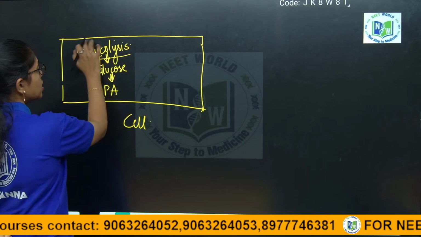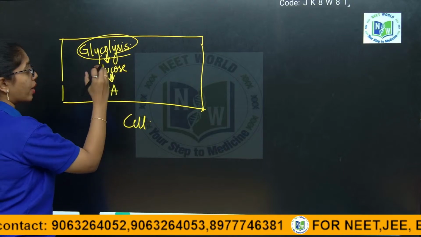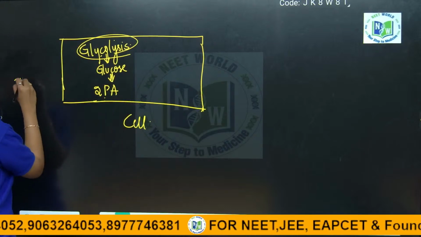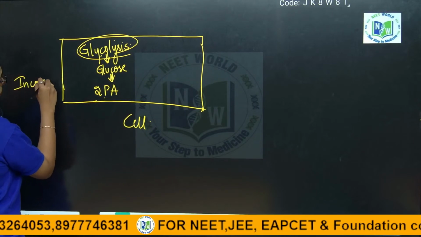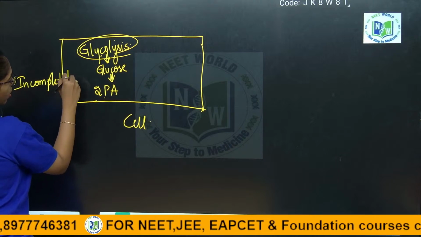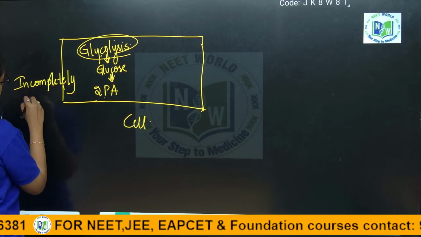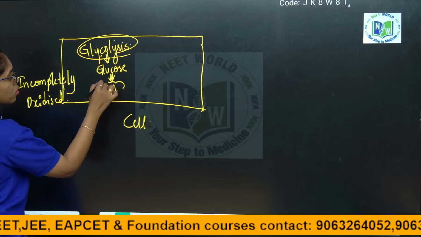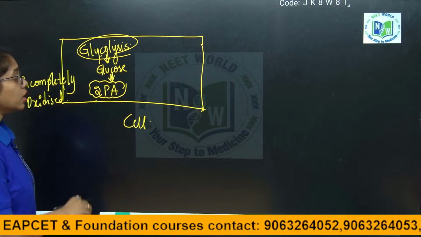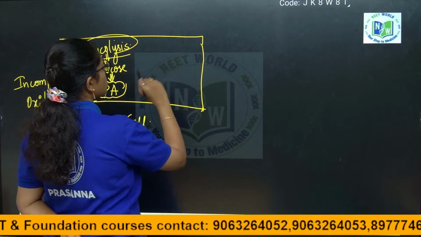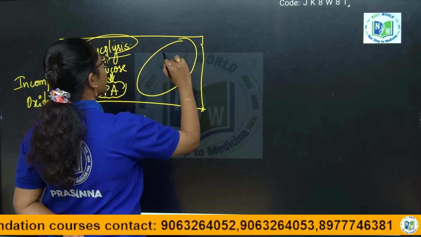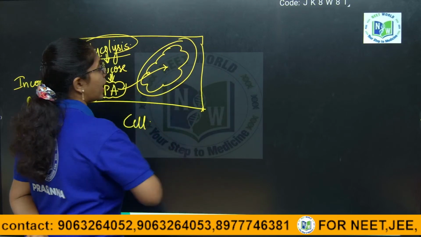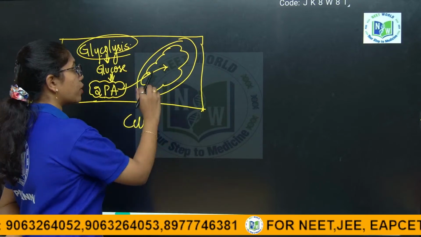In this process glucose is incompletely oxidized to 2 molecules of pyruvic acid. These 2 molecules of pyruvic acid will directly enter into the mitochondrial matrix.